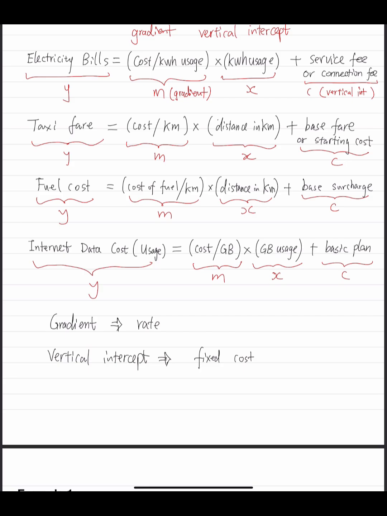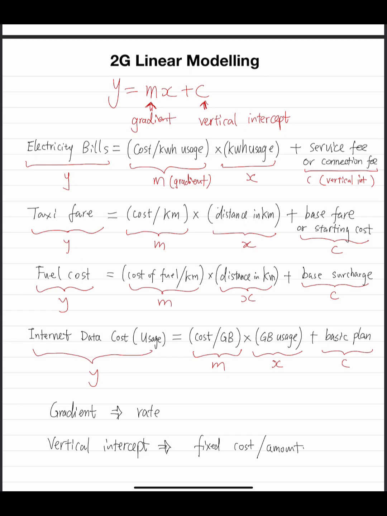This remains the same regardless of how much quantity, how much time, or how far you travel. Hopefully these examples will help you to easily identify the gradient and vertical intercept in questions regarding constructing a linear model.